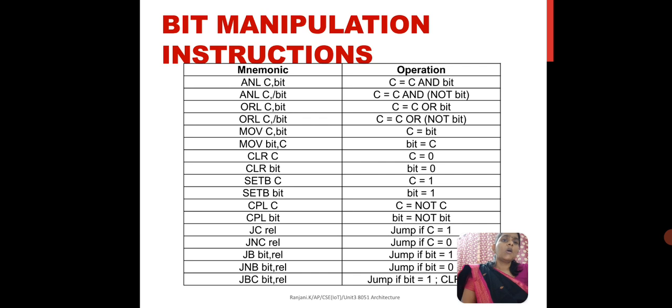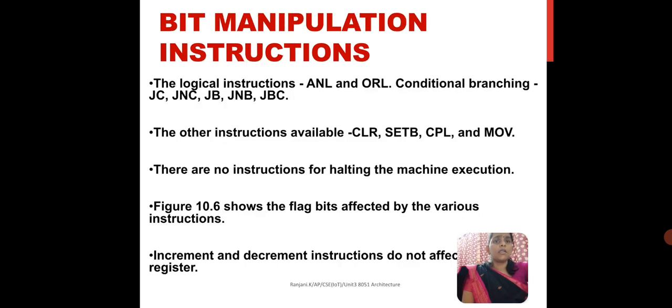In the bit manipulation instructions, ANL performs the AND operation and ORL performs the OR operation. MOV C, bit moves the bit to the C register, CLR is clear, and SETB sets the bit value. Next are JC, JNC, JB, JNB and JBC, which are the jump instructions.